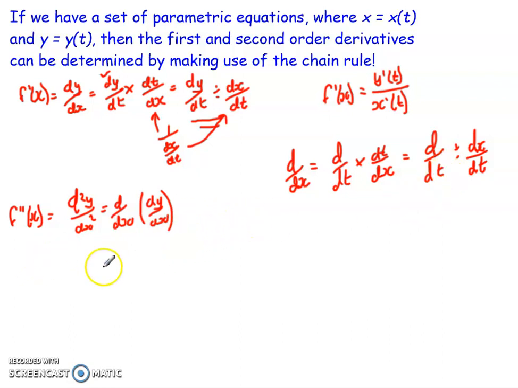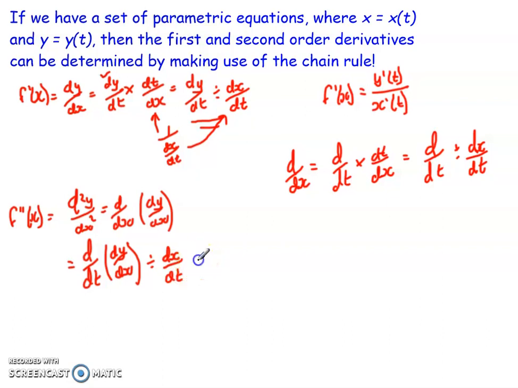So if I then go back and substitute that in here, what I'm able to write it as is d by dt of the dy by dx. Remember, that's a function of t, despite it being dy by dx. That's then divided by dx by dt. So what I can then do is think of taking that as d by dt, and I'm going to take dy by dx and write it in this format here. So d by dt of y dashed of t over x dashed of t.